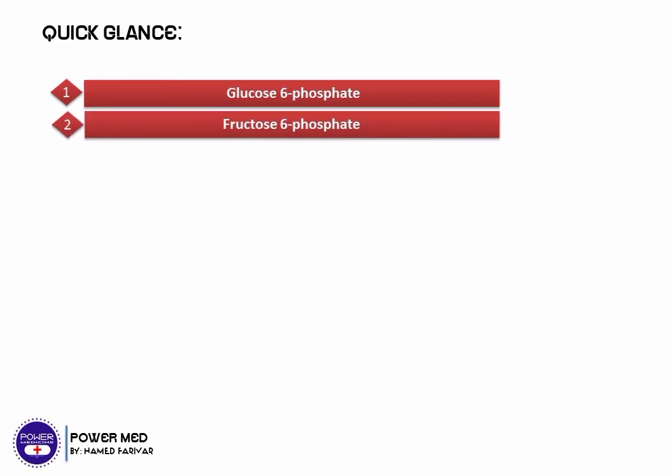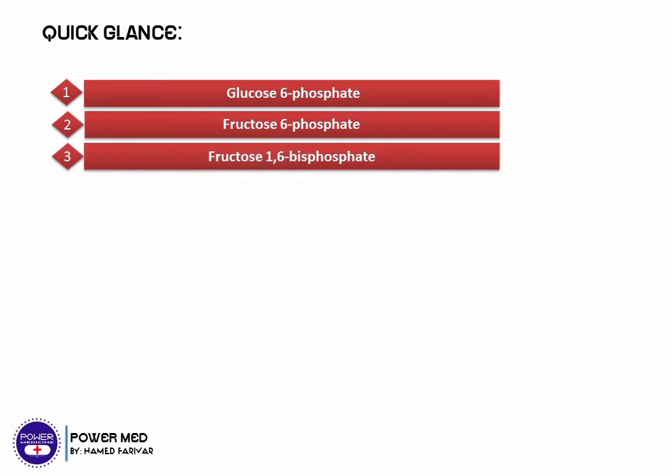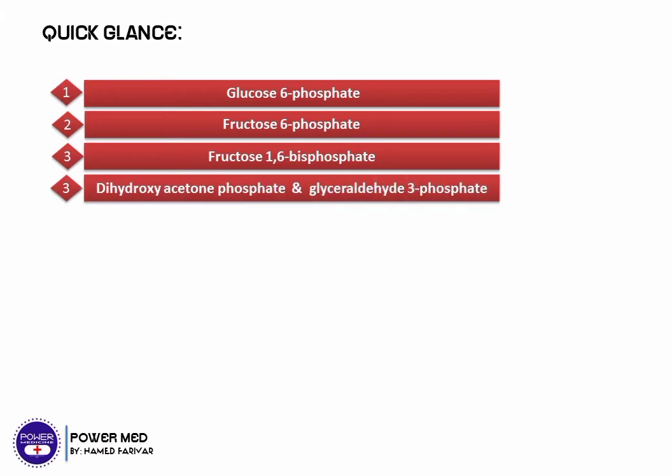Then it can be isomerized to fructose 6-phosphate, a phosphorylated ketose which is generated within the second reaction of glycolysis. In the third reaction of this series, fructose 1,6-bisphosphate is generated, which is then broken down into dihydroxyacetone phosphate and glyceraldehyde 3-phosphate, both having a phosphate group, representing reaction number 4 of this series.